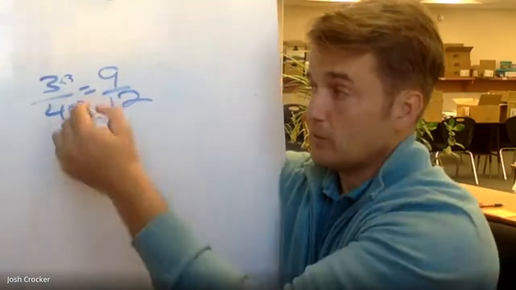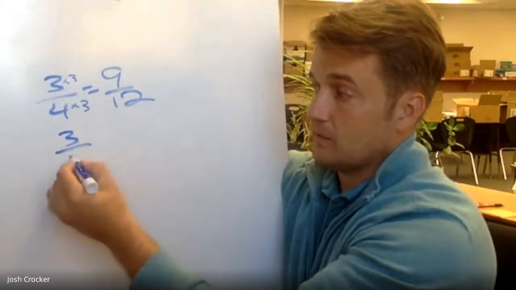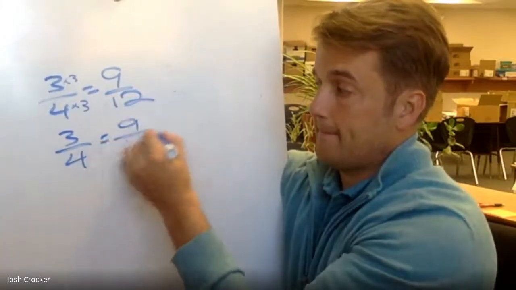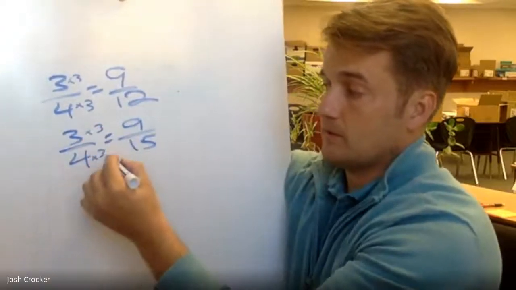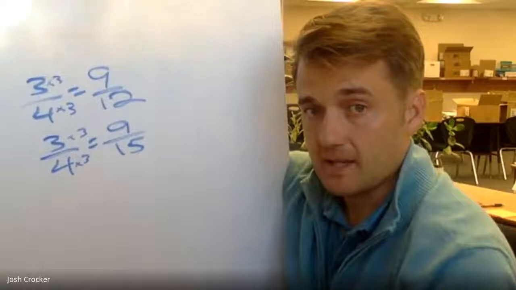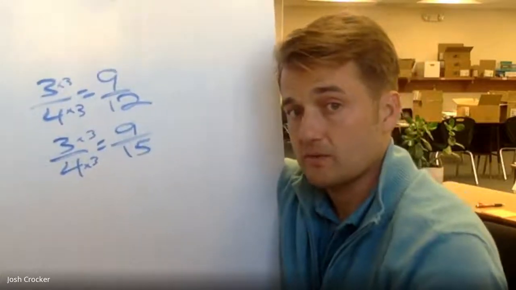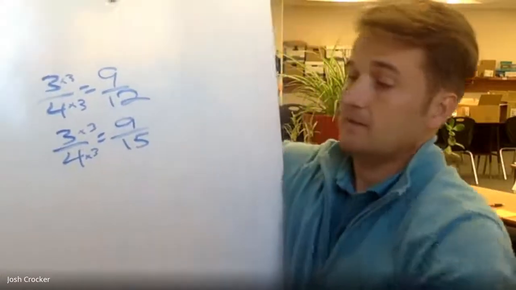If they don't both get you there, so for example, 3 times 3 is 9, 4 times 3 is not 15, then that's not correct. Those fractions are not equivalent. And that is how to create and also test for equivalent fractions in a nutshell.